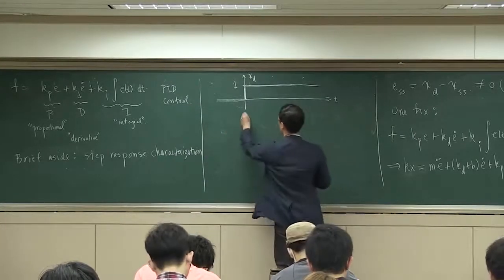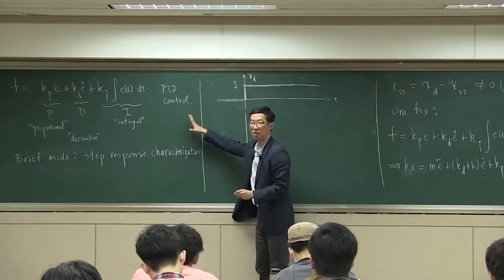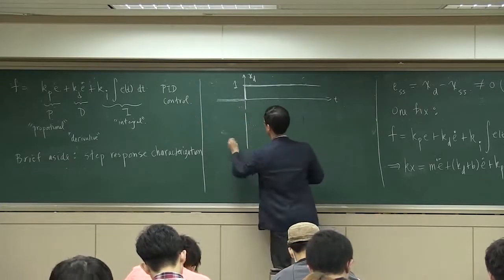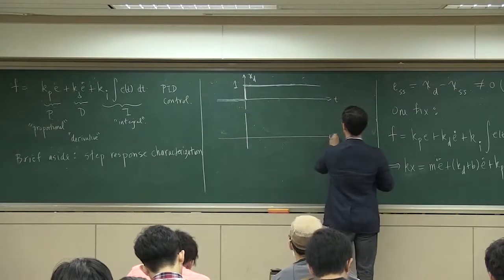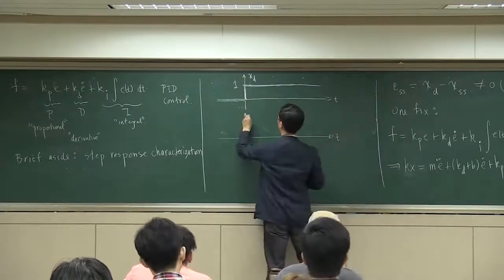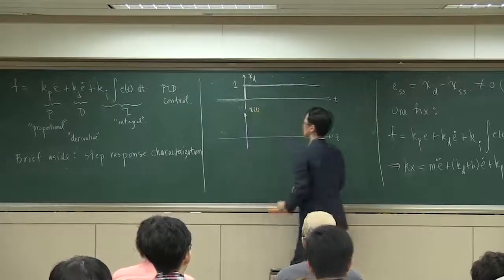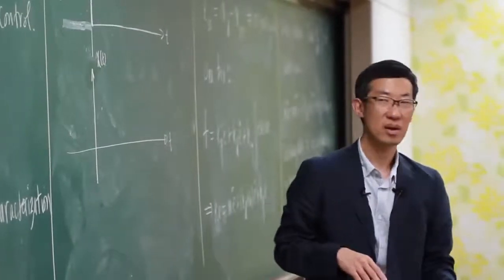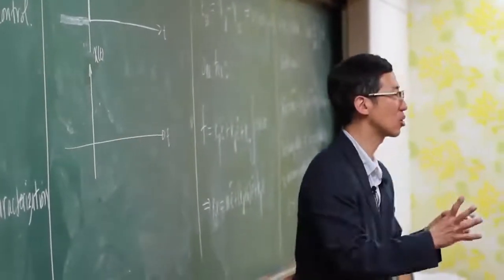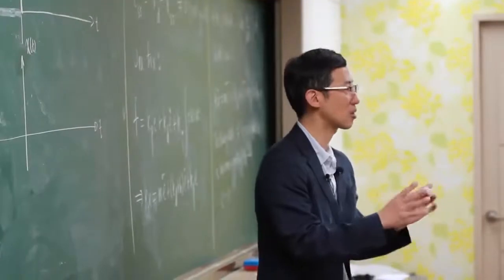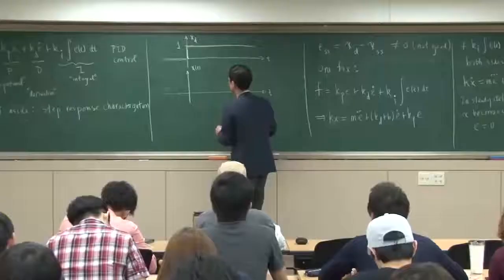Then if we use this control law, our x is going to behave, now it depends on how we choose the gains, the kp's and the kd's, and the ki's.